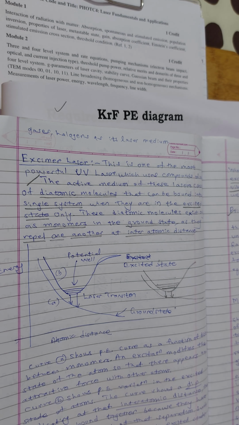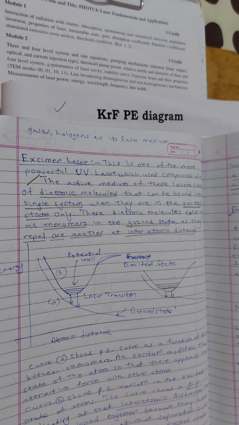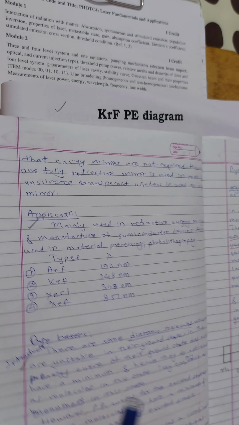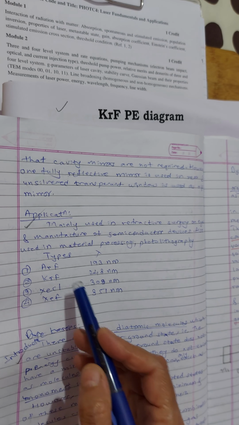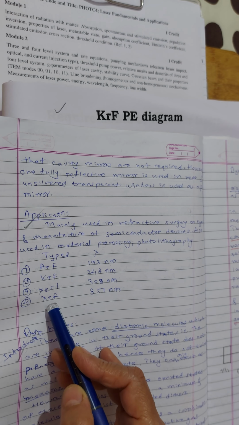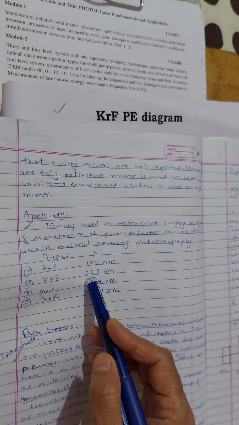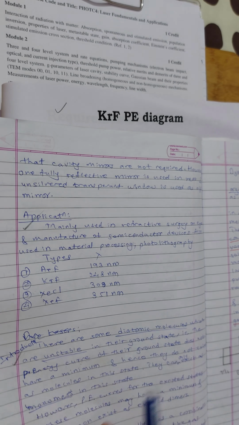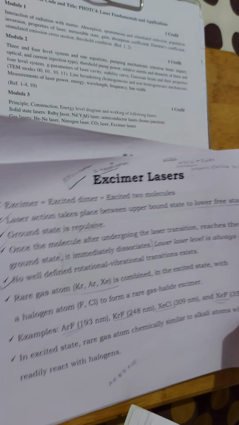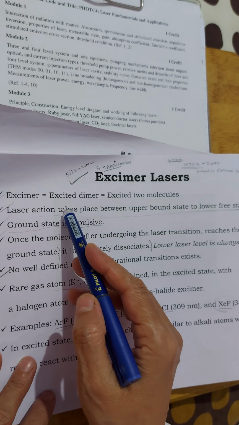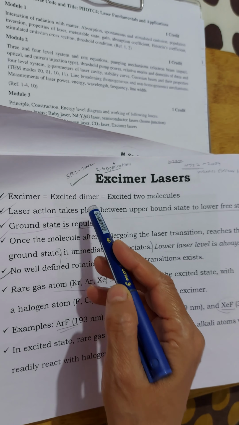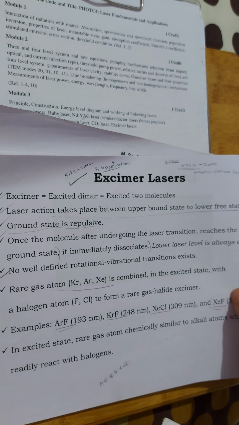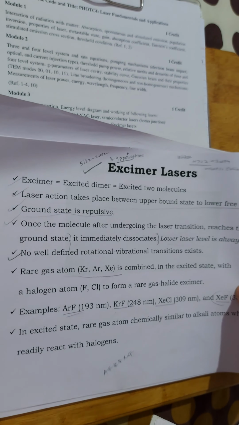As I mentioned, there are 3 to 4 types we have seen, with a combination of ArF, KrF, XeCl and XeF, at 193 nanometers, 248 nanometers, 308 nanometers and 351 nanometers. So this is all about the excimer laser, the excited dimer. All these are the important points as far as the excimer laser is concerned.